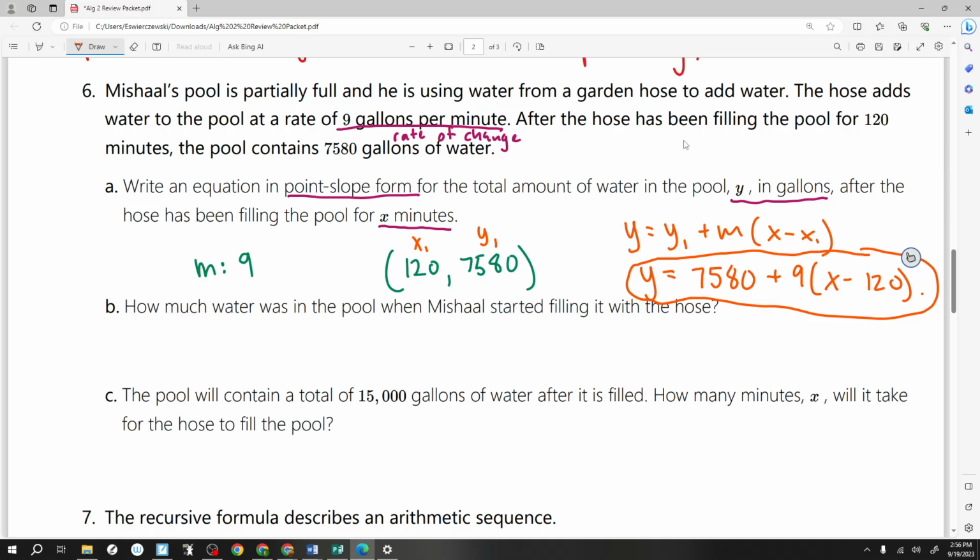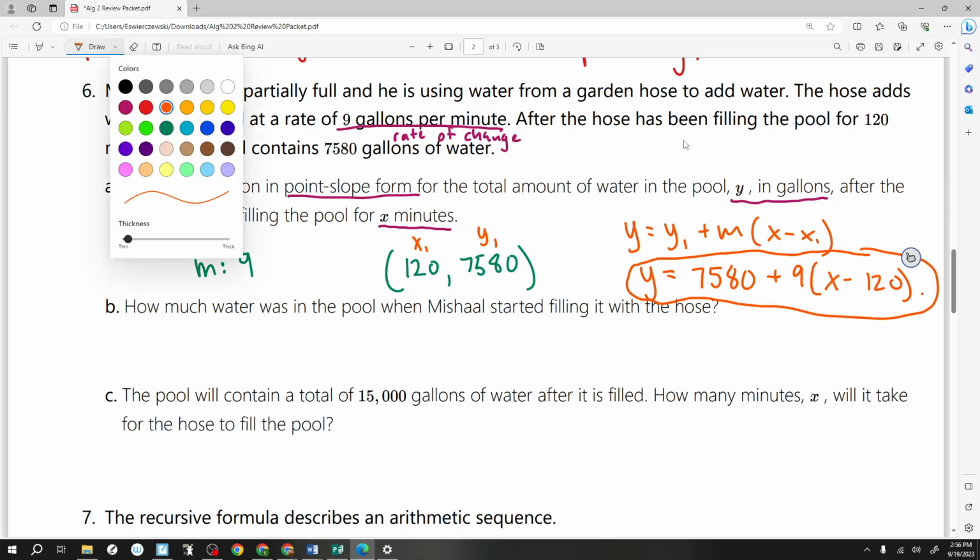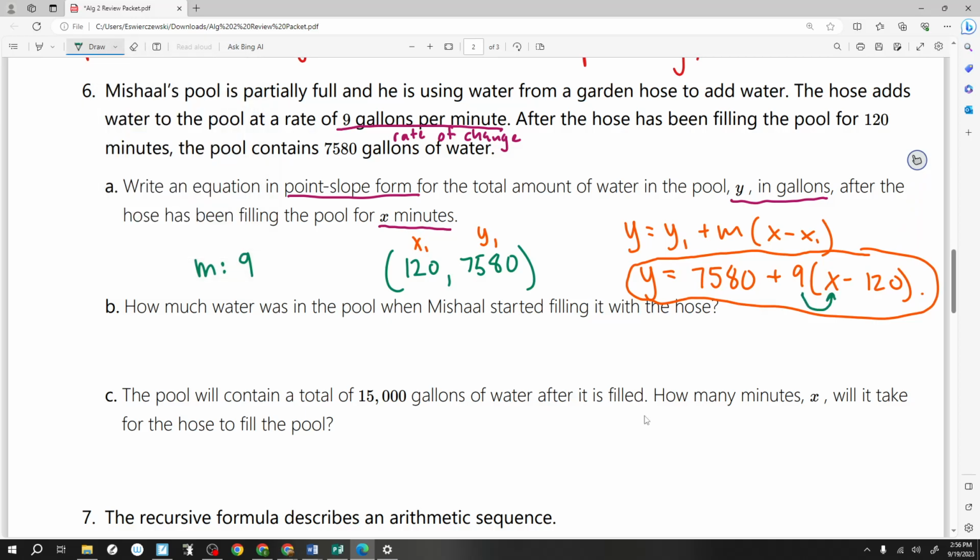So I'm going to take this and I'm going to distribute. Distribute that 9. 9x. Can someone do 9 times negative 120 in their calculator? I believe you get negative 1080. But someone maybe check that.